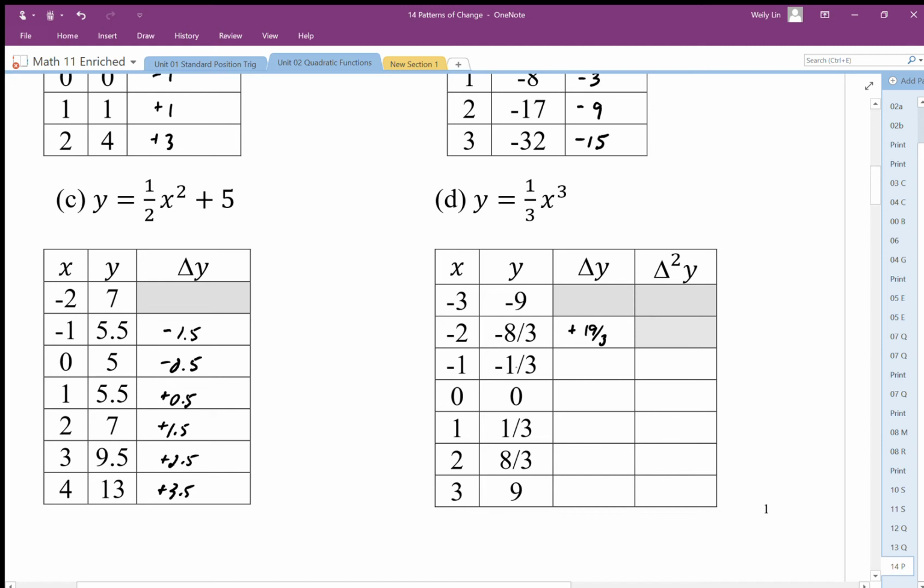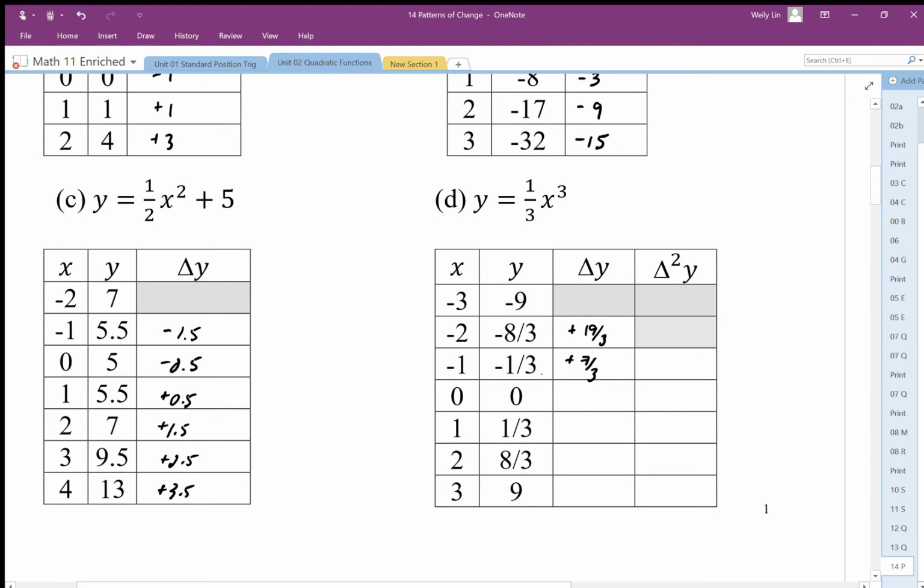Okay, so negative 1/3 minus negative 8/3 is going to give us plus 7 over 3. Okay, so it looks like this has gone down by 12 over 3, or negative 4.